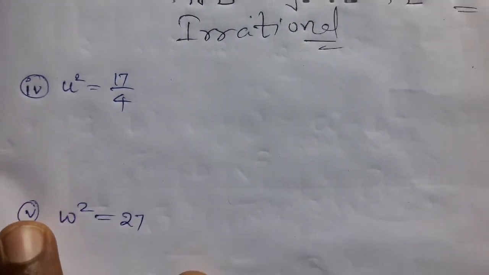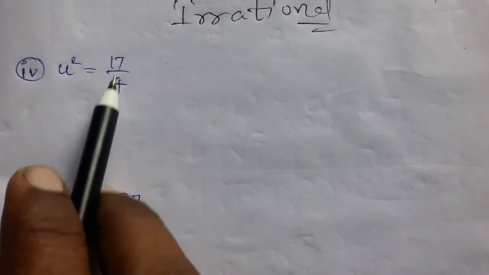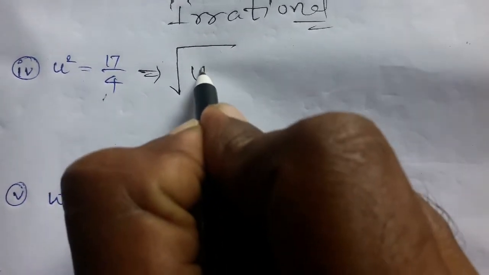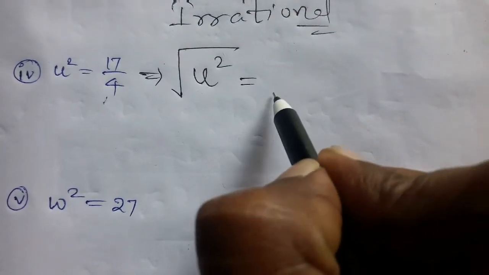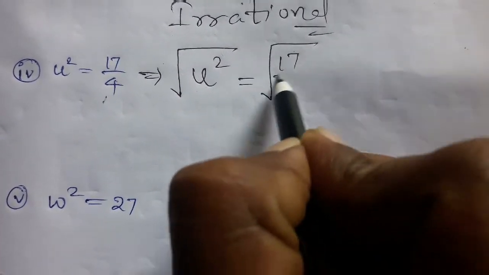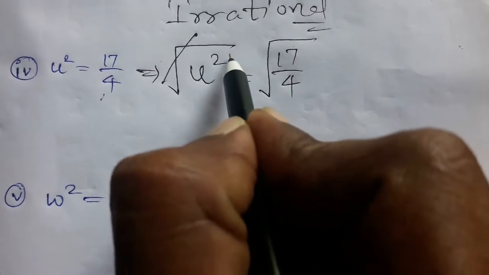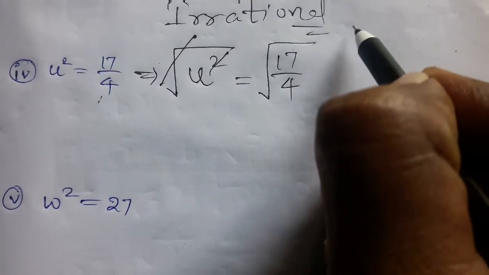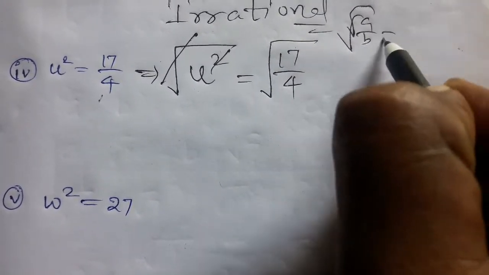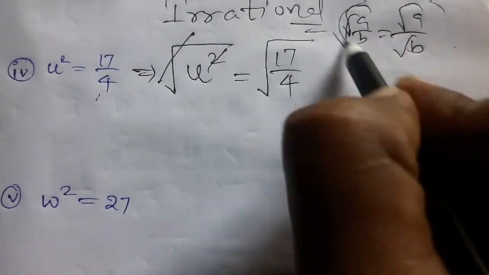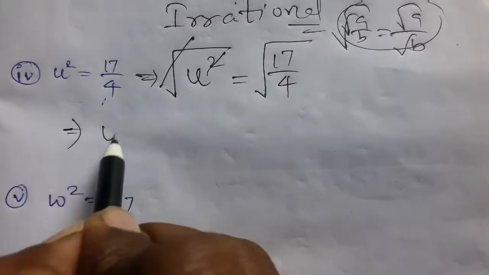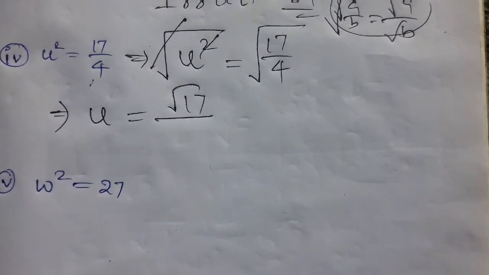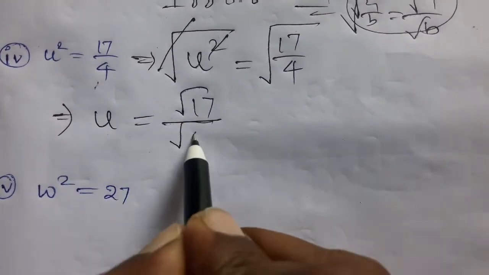Next question. What is given? u square equals 17 by 4. Apply square root on both sides. That means under root u square equals square root of 17 by 4. Here root and square cancel. Now this can be written as under root of a by b equals root a by root b form. So u equals root 17 by root 4.